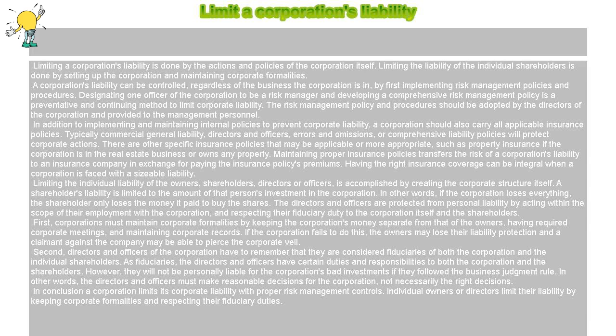However, they will not be personally liable for the corporation's bad investments if they followed the business judgment rule. In other words, the directors and officers must make reasonable decisions for the corporation, not necessarily the right decisions.